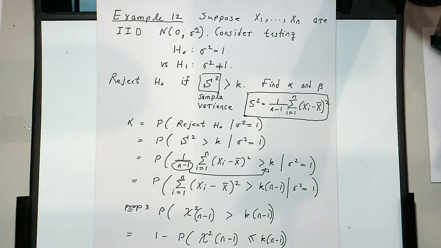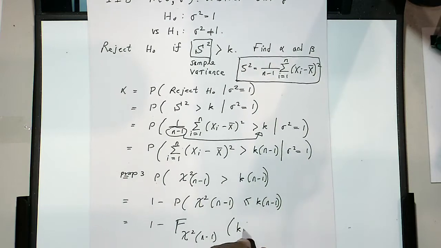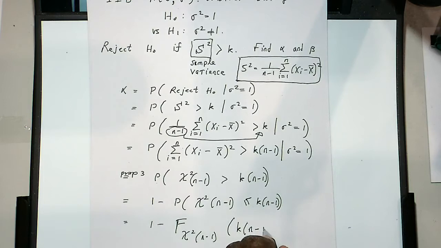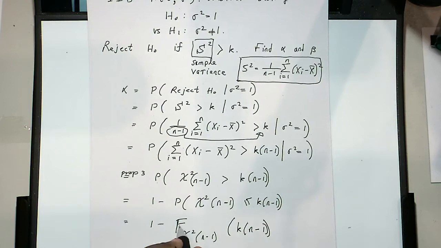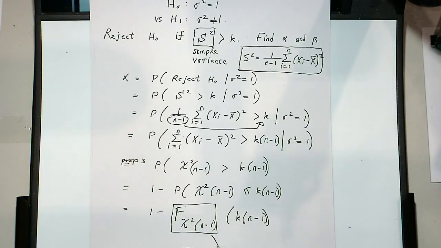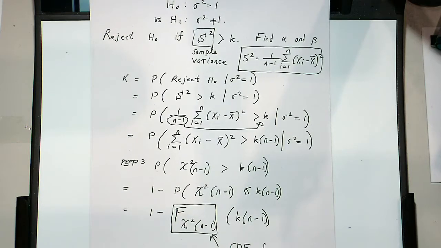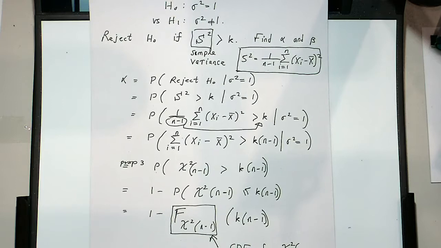So this is the notation I use for the CDF. This notation here denotes the CDF of a chi-squared variable with n minus 1 degrees of freedom.